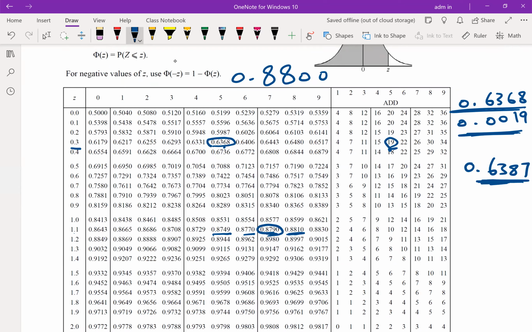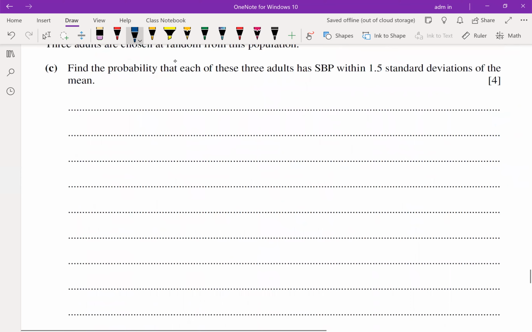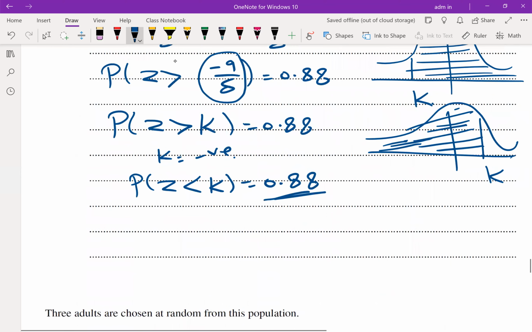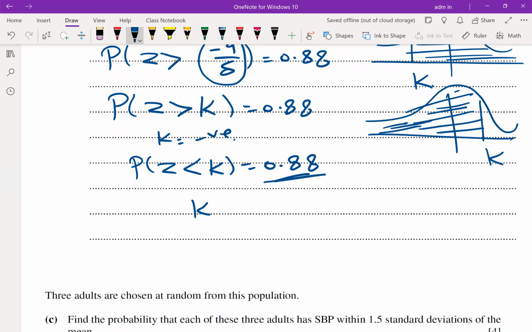So it's 1.17. Then we need to add 10 more, so the answer will be 5. So 1.175. K is 1.175, but don't forget it's negative.